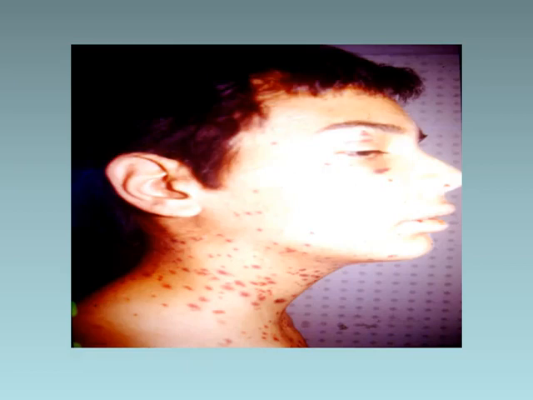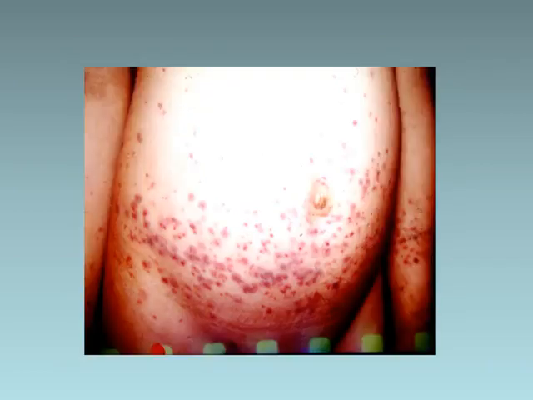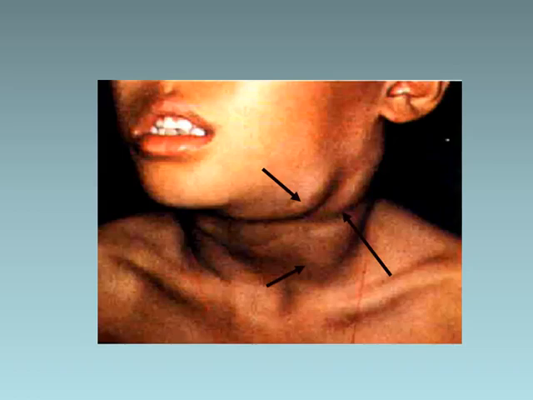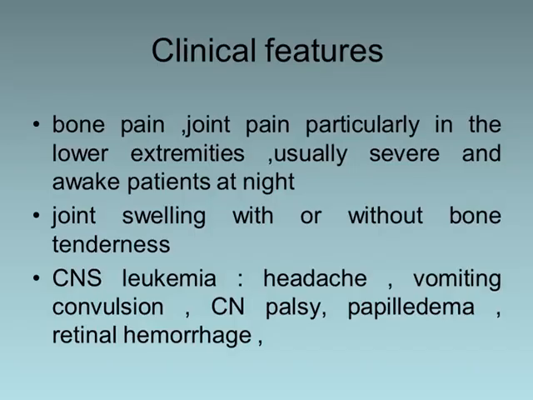In this picture, you can see the child is pale with evidence of petechiae on the face as well as on the abdominal wall, and abdominal distension may be due to hepatomegaly, with evidence of lymphadenopathy.